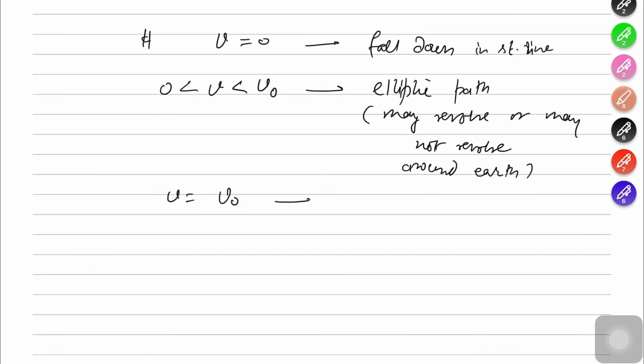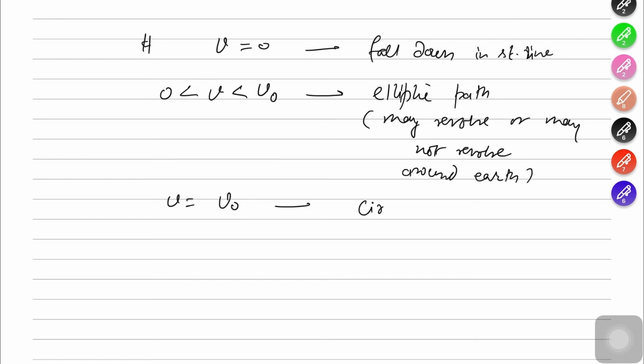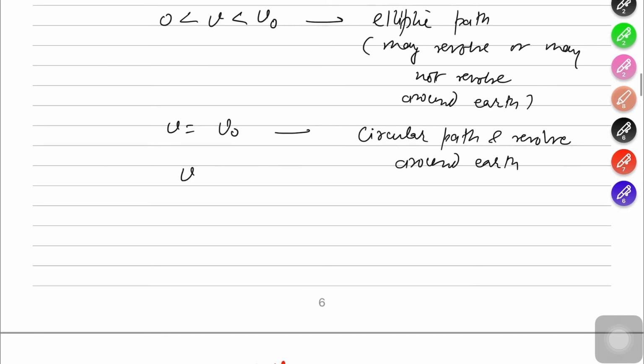If velocity is equal to the orbital velocity, it will have a circular path and revolve around earth. If velocity is greater than the orbital but less than the escape velocity, it will have an elliptic path and revolve around earth.